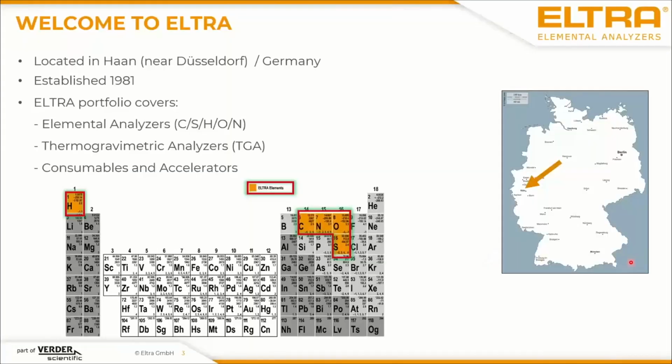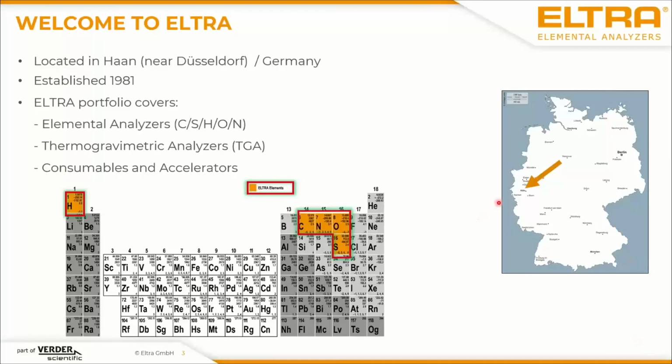So, please let me briefly introduce ourselves as a company. ELTRA this year turns 40. That's still younger than I am, but we are very happy that we have reached this age, and only thanks to you, our customers, we could make it that long, and we are really happy to provide you with solutions, elemental analyzers, for such a long time.